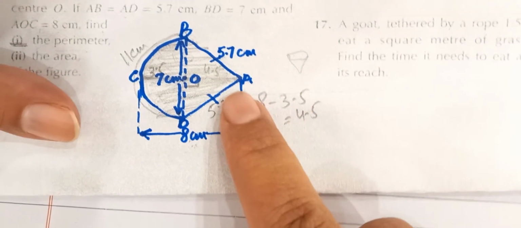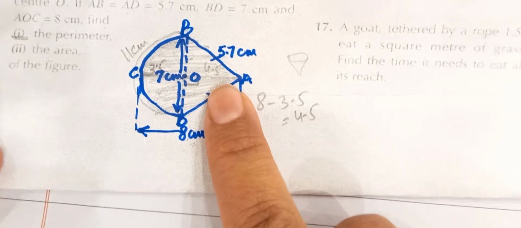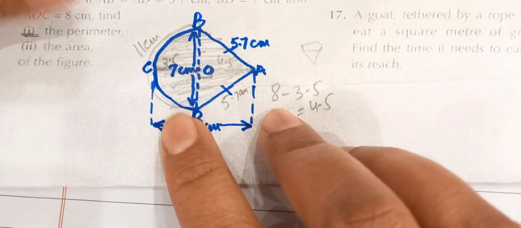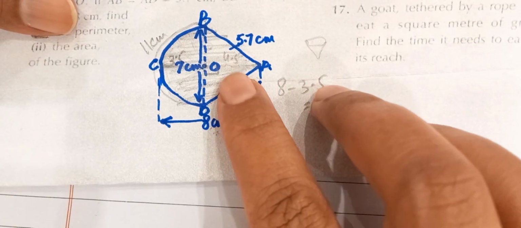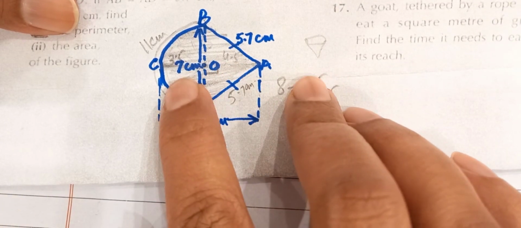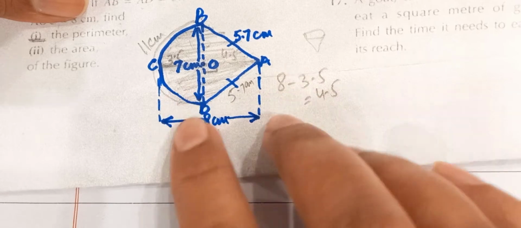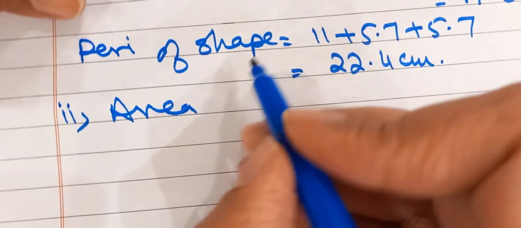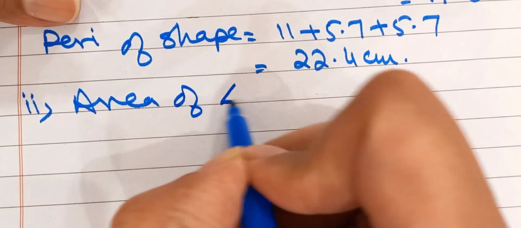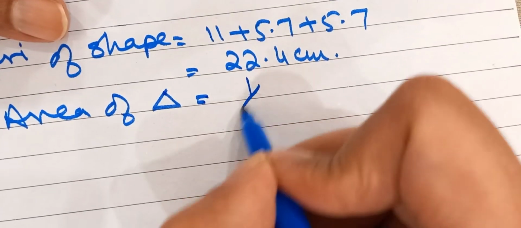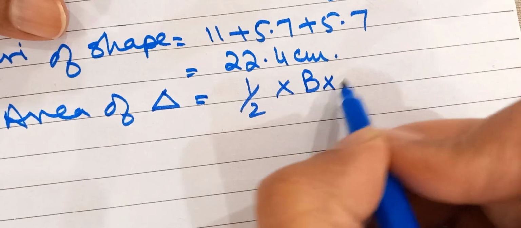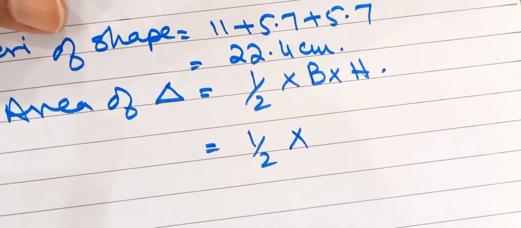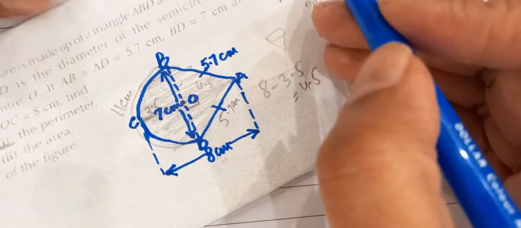Now we know that this shape is made up of a triangle and a semicircle. So I will calculate the area of the triangle and add it to the area of the semicircle, and I will get the area of the figure. First I am going to find the area of the triangle, which is 1 by 2 into base into height. Now I have to identify the base and the height.